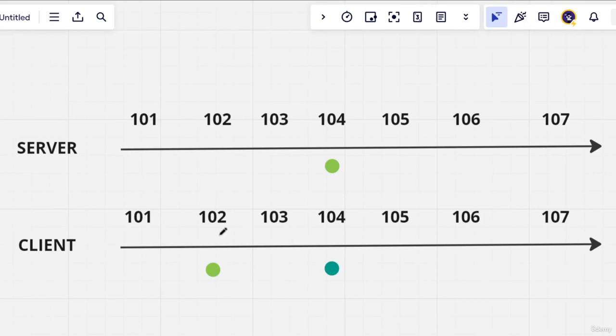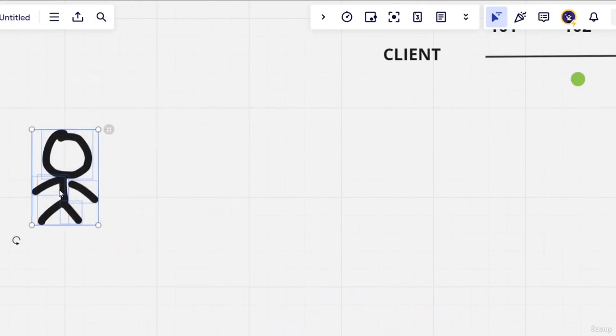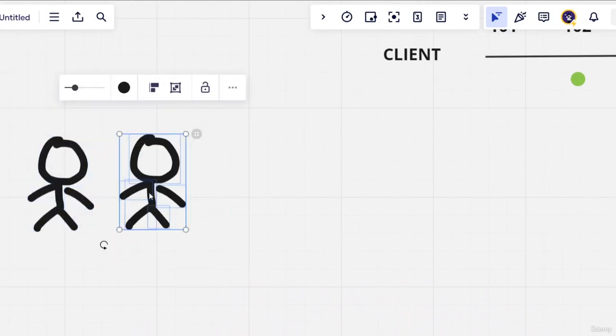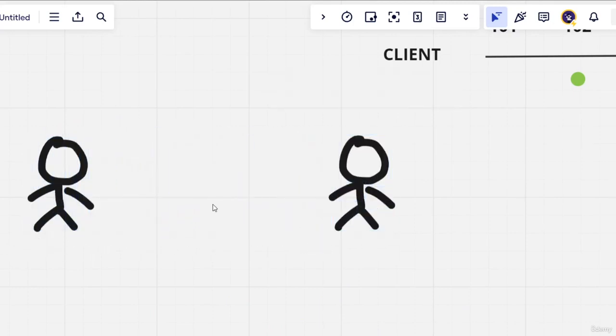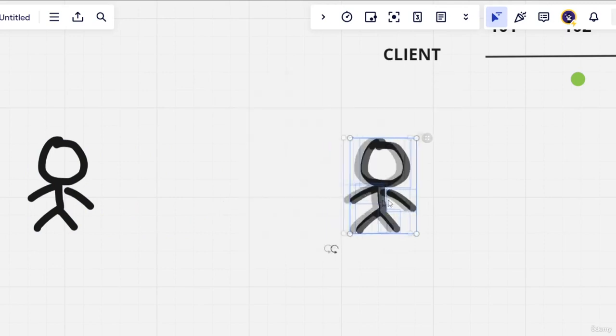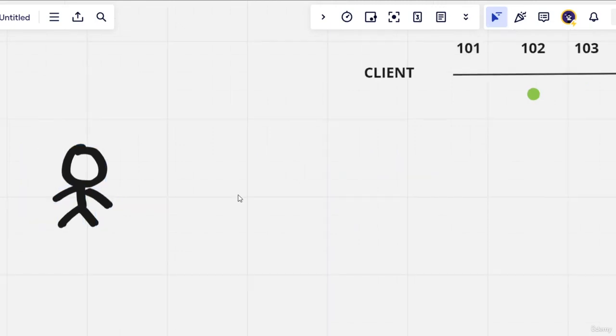Now, let's imagine a simpler case. Let's say we are playing a 2D platformer here. Our player is in this position, and then we are predicting to go right over here. Now, let's say our input has a packet loss, and suddenly our player is going to be pulled back over here, and that's where resimulation comes in.